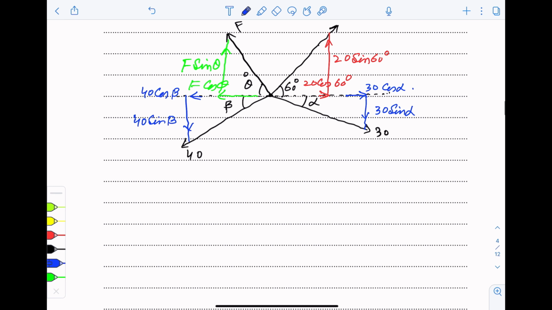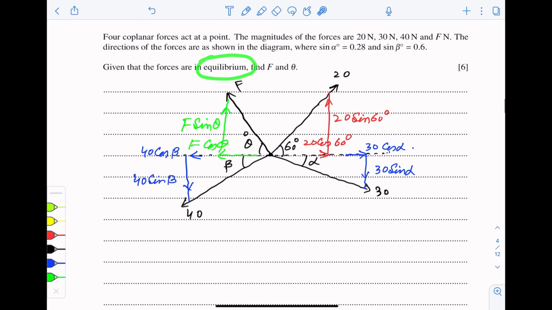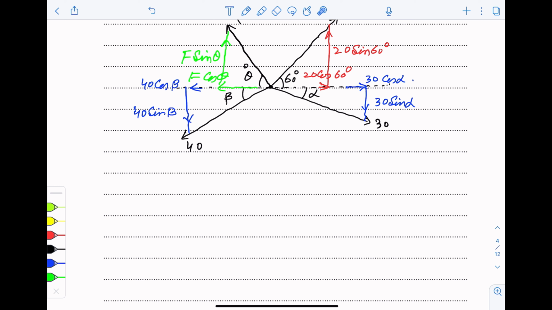Since the system is in equilibrium, we will find the sum of components in the x direction. First we will find 30 cos alpha plus 20 cos 60 degree.